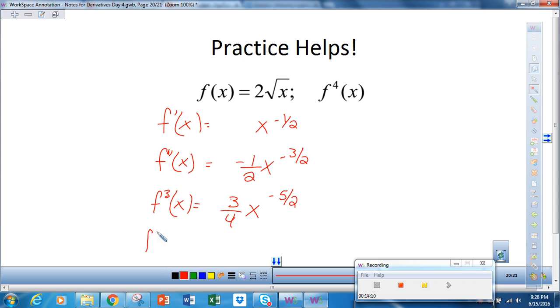And then the fourth derivative would be negative 15/8 x to the negative 7/2. And taking multiple derivatives becomes really important when we get to Taylor series in Calculus BC.